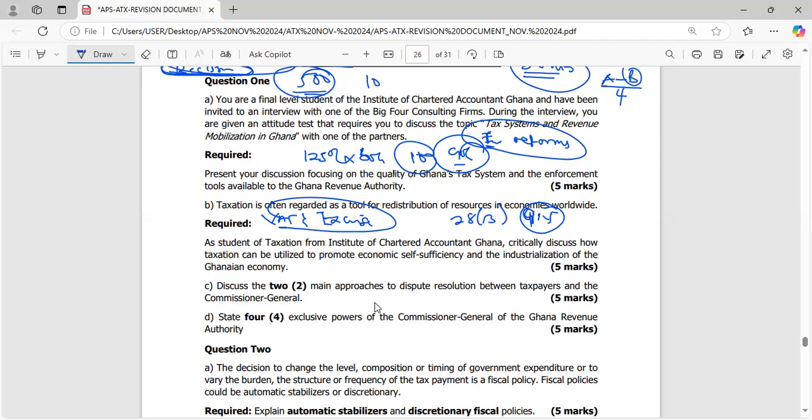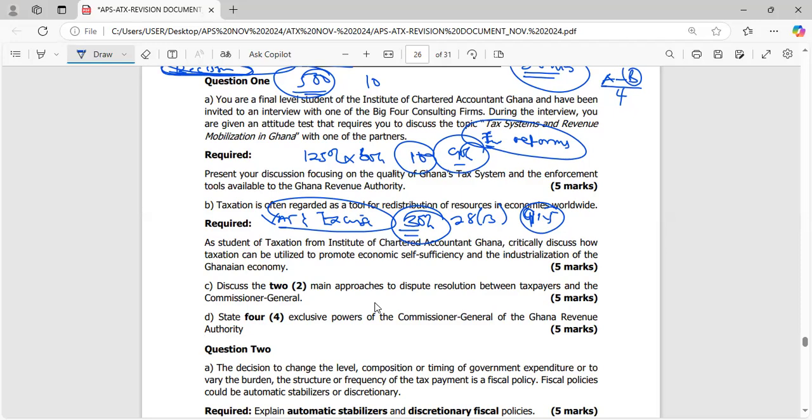So for VAT and excise duties, if you are owing any tax liability, you have to pay all, and even the amount of tax in dispute, you still have to pay everything before the Commissioner General will hear your objection. For any other tax type, you are allowed to pay all outstanding taxes plus 30% of the amount of tax in dispute before the Commissioner General will listen to your objection.